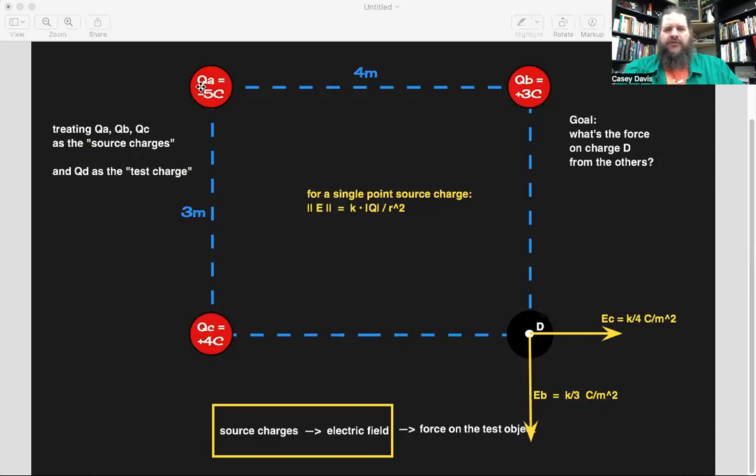And what about for charge A? That's a negative charge. So which direction is going to be the electric field at D caused by A? Southeast? Except this is a negative charge, so what does that suggest?